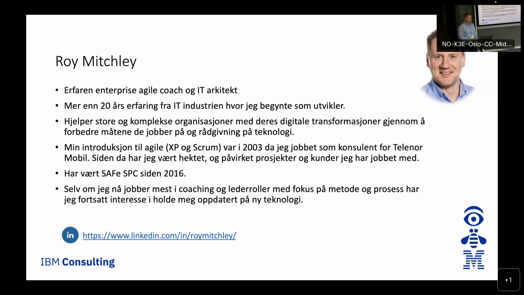I got introduced to the SAFe framework in 2016, so not that early because it started in 2011, but I recognized a lot of the patterns. I've been using them for several years, so it made sense, and also I saw how easily you could start saying you're using SAFe and actually be working a lot in the old-fashioned way of top-down. So the framework is there.